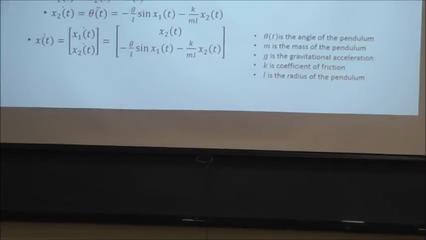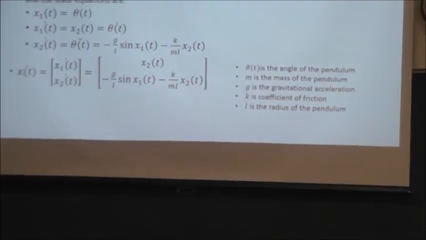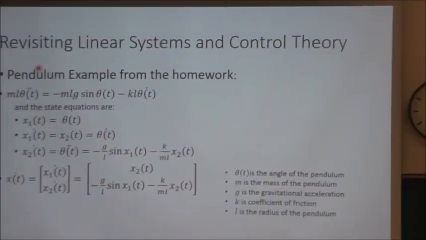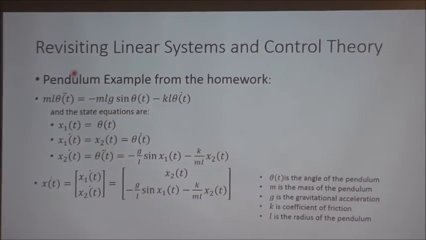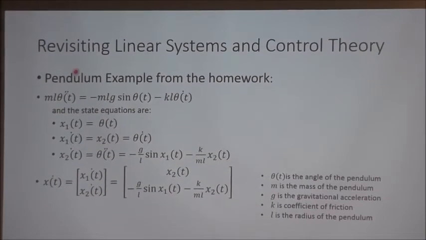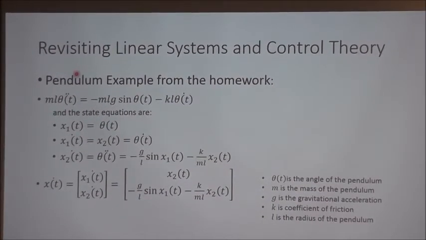And a pendulum example. It's too late, sorry. Okay, that was your equation of motion, right? And here you can see I have ml theta double dot equals minus mlg sine theta of t minus kl theta dot of t.